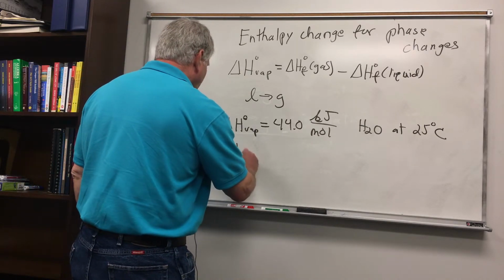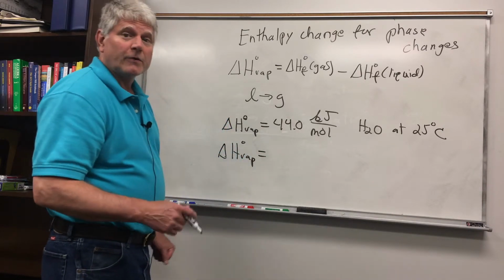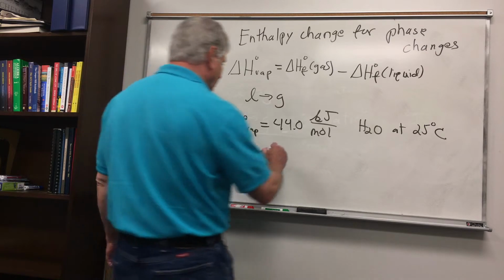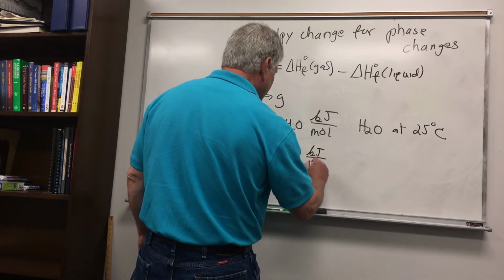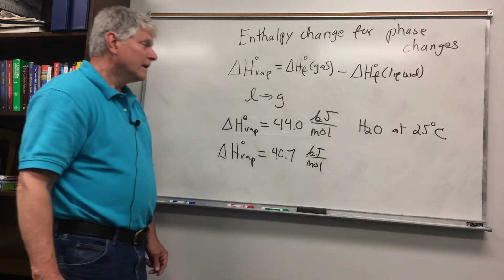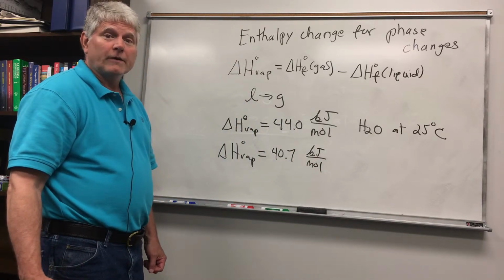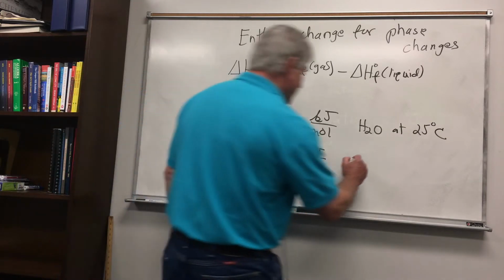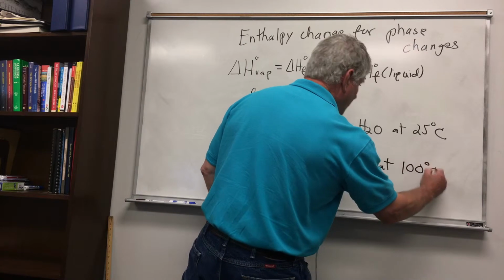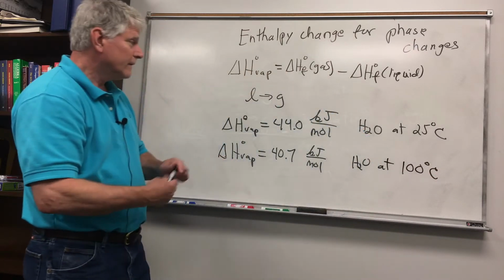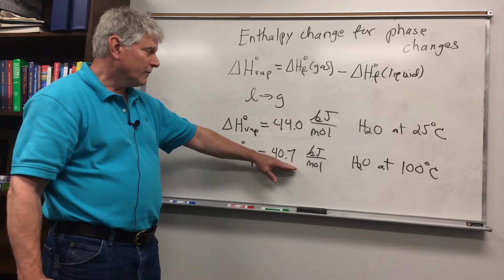If we raise the temperature of water to 100 degrees centigrade, to its boiling point, it still takes 40.7 kilojoules per mole to evaporate water at its boiling point. So you can see it's a little less because we have raised the temperature from 25 to 100.